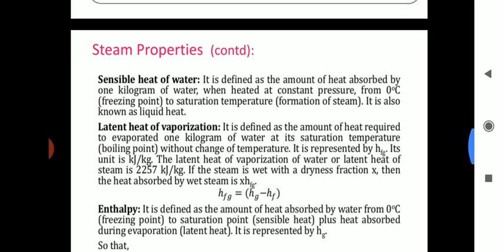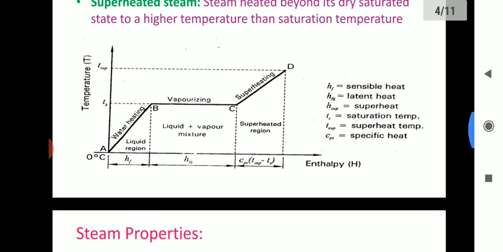So here in the TH diagram, from point B to point C, whatever the heat which is added to the water is converting the water to vapor, that is steam.